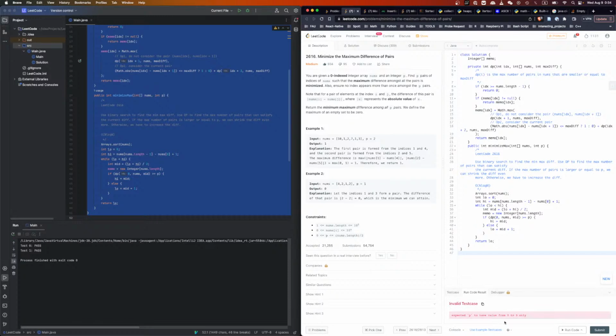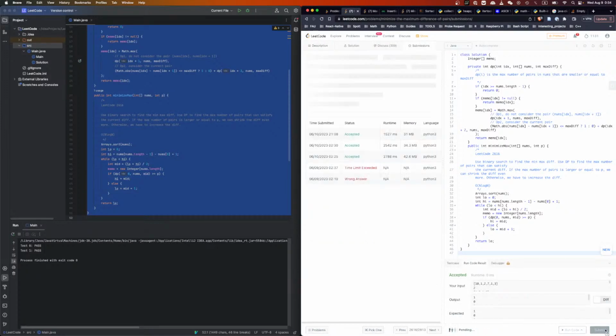P has to be valid from 0 to 0. Oh, it has to be this. Oh, jeez. So it has to be 0. Alright, looks good. Try it.